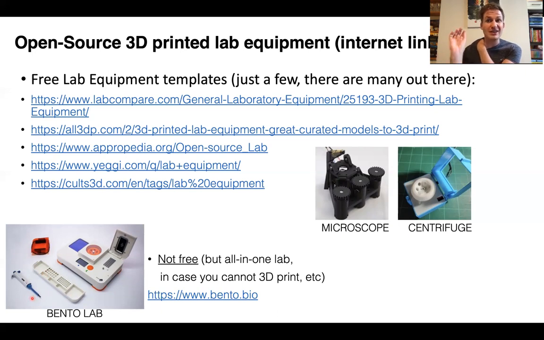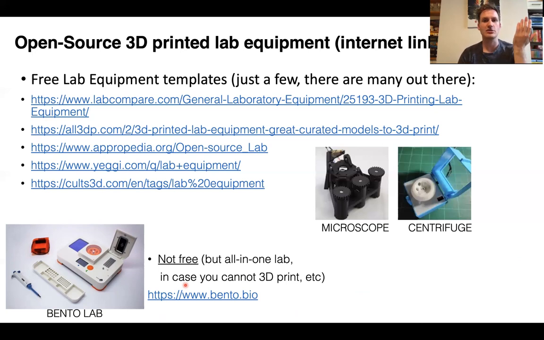It's a bit expensive. It's about 1,000 British pounds, which is expensive. But you can look at more about it here. Again, it's an all-in-one lab in case you cannot accomplish anything else.